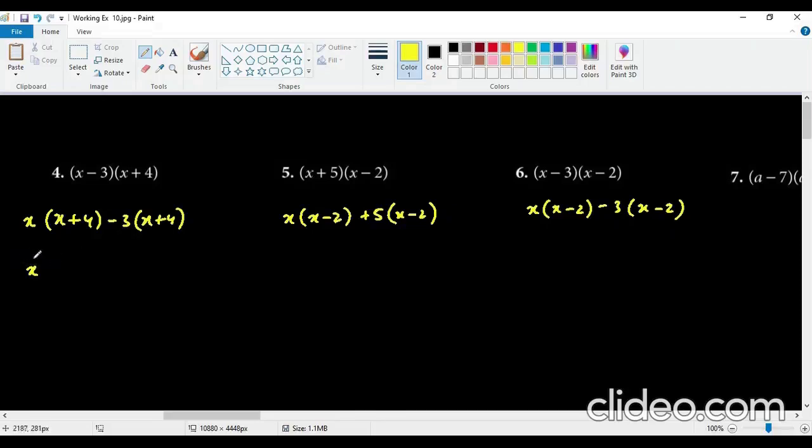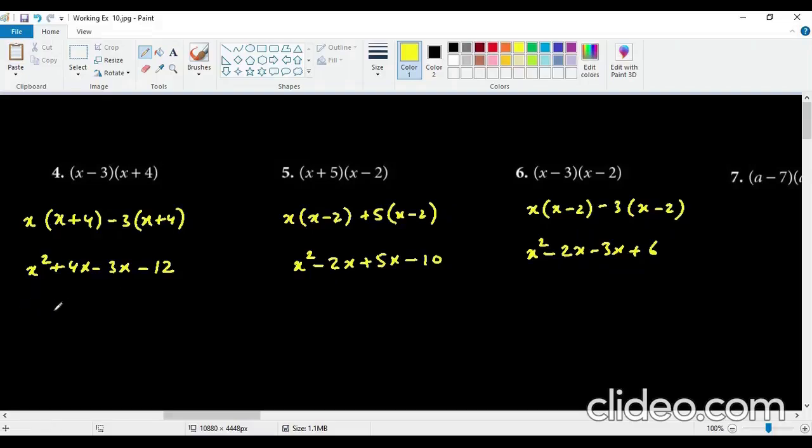So first one is going to give you x square plus 4x minus 3x, and minus plus is a minus. 3 times 4 is a 12. For the second one, x square minus 2x plus 5x and minus 10. Next one is x square minus 2x minus 3x and plus 6, because minus 3 and minus 2 is going to give you a plus 6.